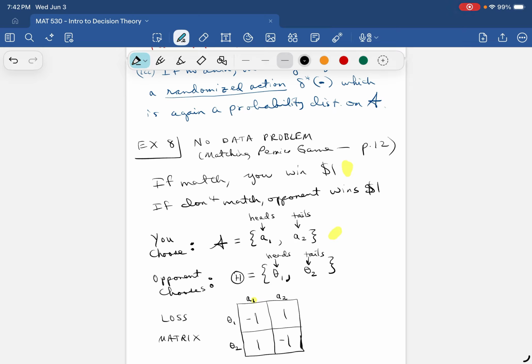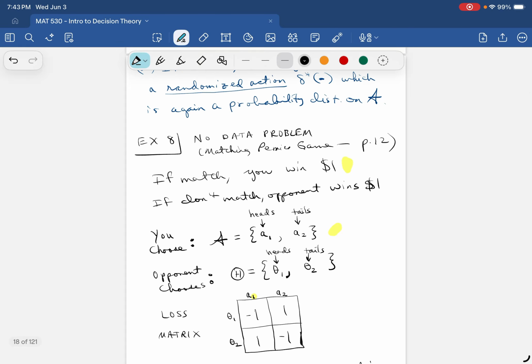So in terms of loss, smaller is better and bigger is worse. So in the case where you win $1, that's a loss of -1, and so forth. So let's say you choose heads and the opponent chooses tails. Well, then in that case, they don't match, and you actually would lose $1. And you see that in the loss matrix.